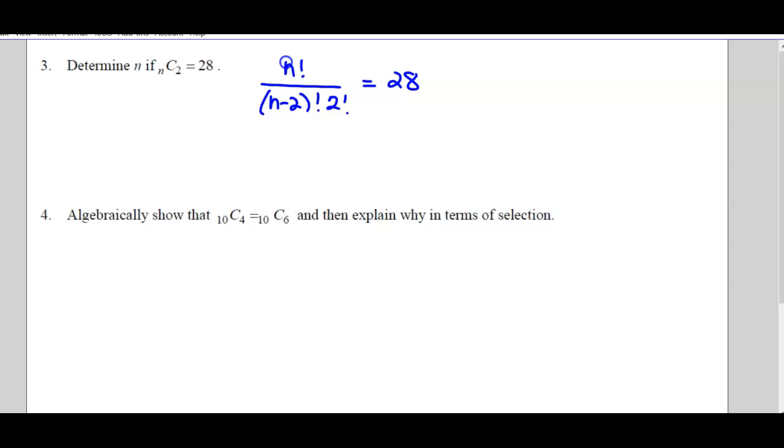So then you remember, okay, you can show it if you want. n factorial is n times n minus 1, and then times n minus 2 factorial. So you could show it like this, so that it's nicely simplified. These divide out.